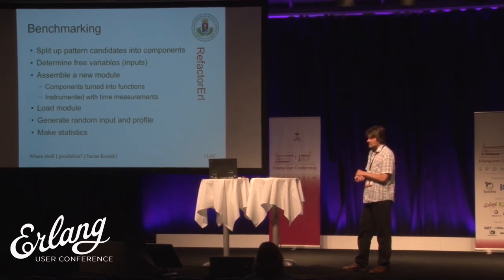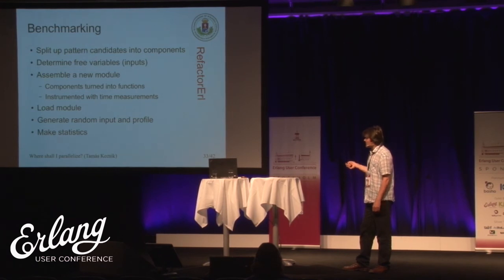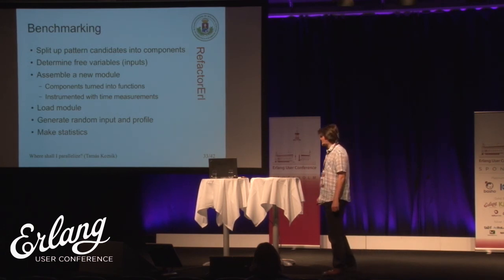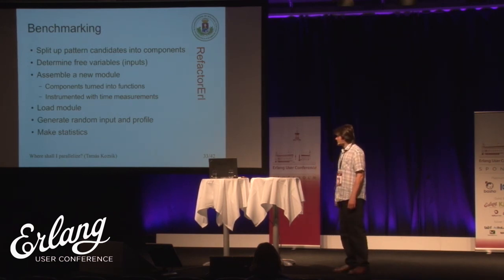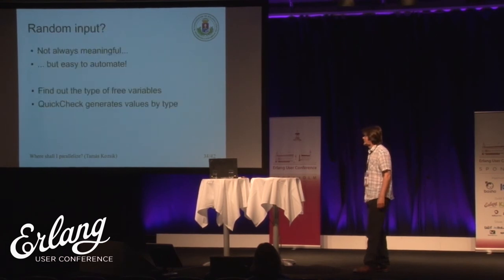We can instrument it with time measuring functions. All this can be done very easily using the infrastructure provided by Refactorerl, so it's really fun to use Refactorerl for these purposes. And this is done actually at runtime, so we generate these things while our tool is running, while Paraphrase is running. And then we load this module, generate some random input and profile the data, and make some statistics, and this is how we benchmark the software.